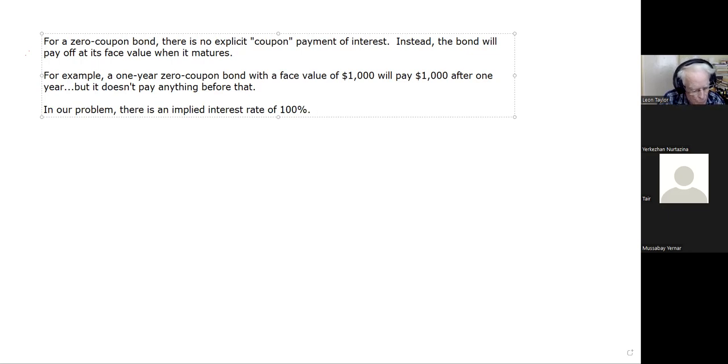So in other words, the bond is paying off for the lender, the purchaser, the face value minus the initial price of the loan.